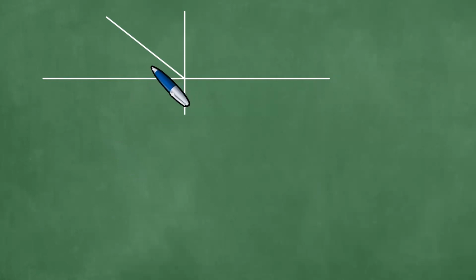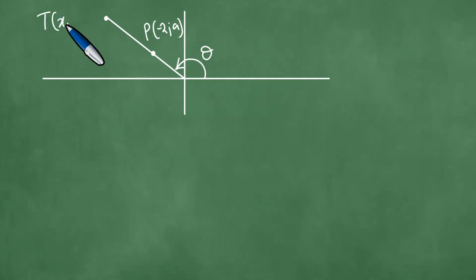Right, so we have that this angle here is theta degrees. Moreover, there is a point here with coordinates -2 and a. And we have a point here with coordinates x and 15.